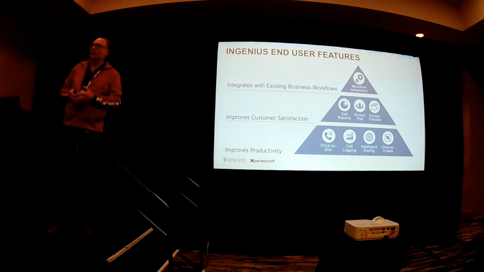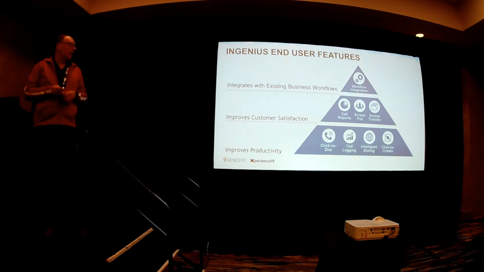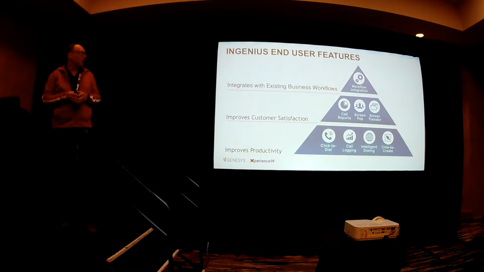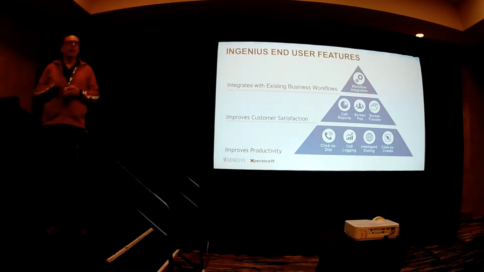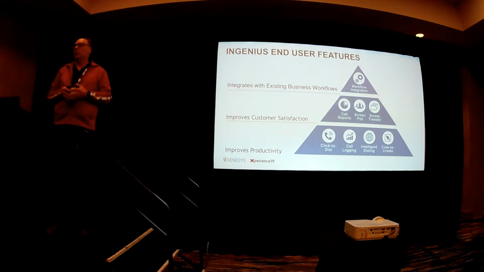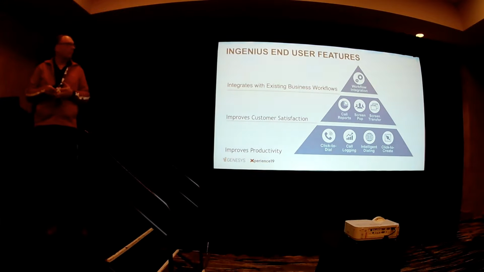We also have features that provide agents with data right at their fingertips, so that every call is a warm start. And the top of our business value is really around workflow integration. Every single one of our customers has a unique workflow, so Ingenious has been designed to fit seamlessly into the customer's workflow.